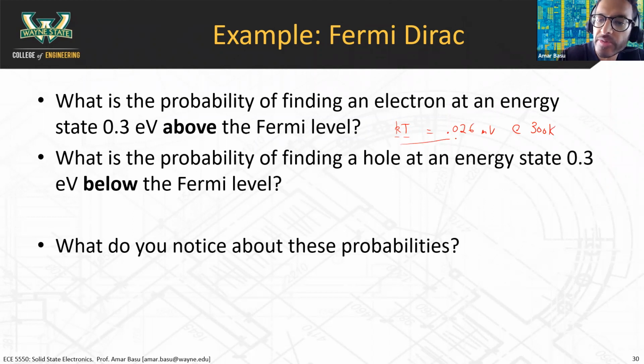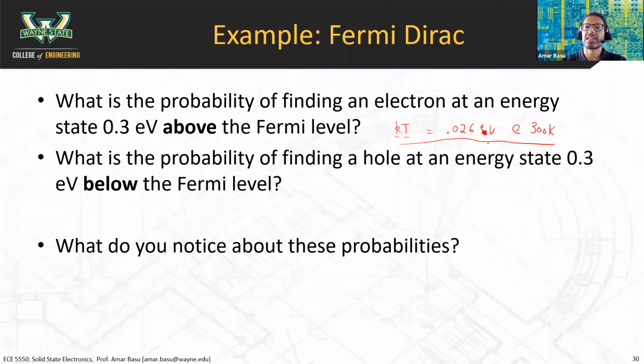A good rule of thumb to remember for this class, not just for this module, but for the entire class: kT is equal to 0.026 electron volts. Oh, my mistake, electron volts, not millivolts. kT over q is in volts; we'll talk about that later.